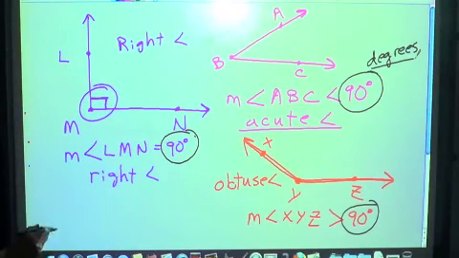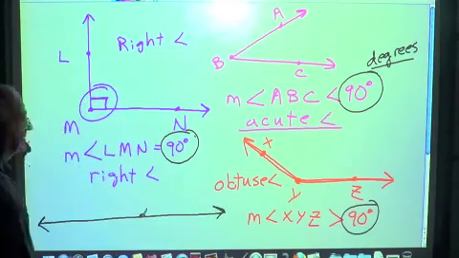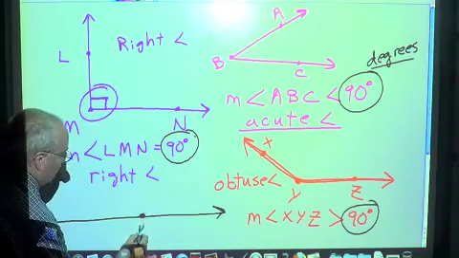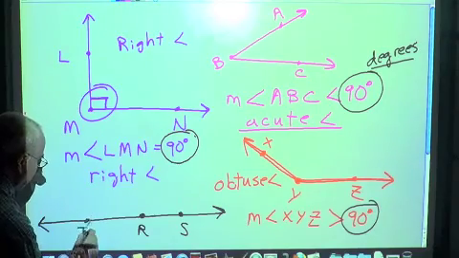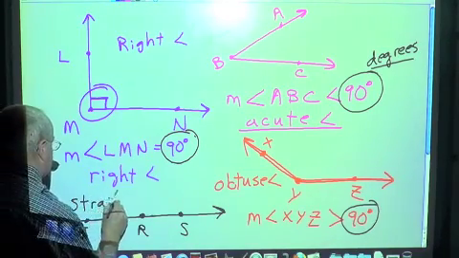Now, we've also talked about another angle, which is made by opposite rays. Okay? Where we can have R, S, and T. Call this a straight angle.